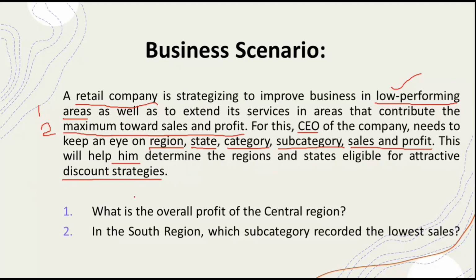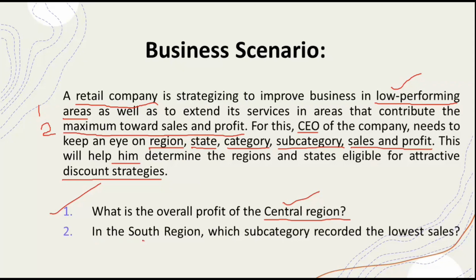What are the key answers they need from this analysis? First, what is the overall profit of the central region? They think that the central region is not giving so much profit from the sales. So this is our hypothesis now, that the central region is the low performing area.